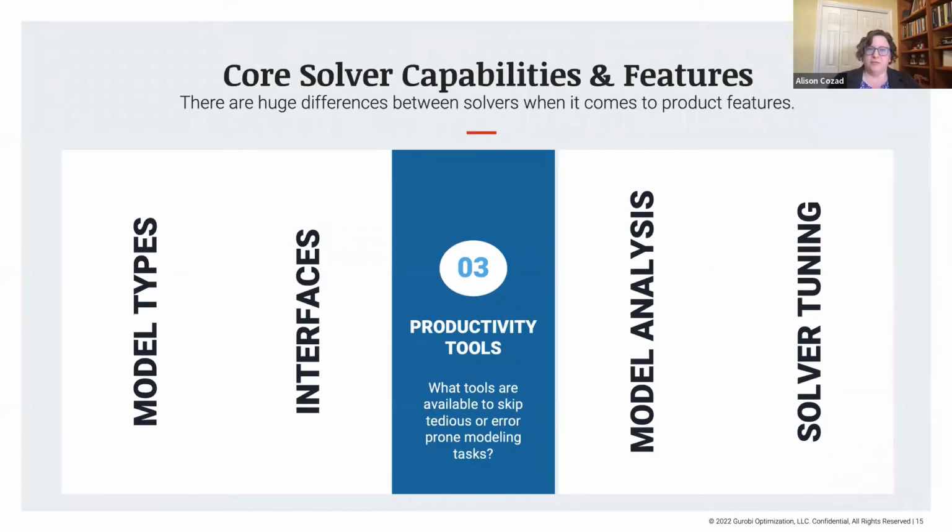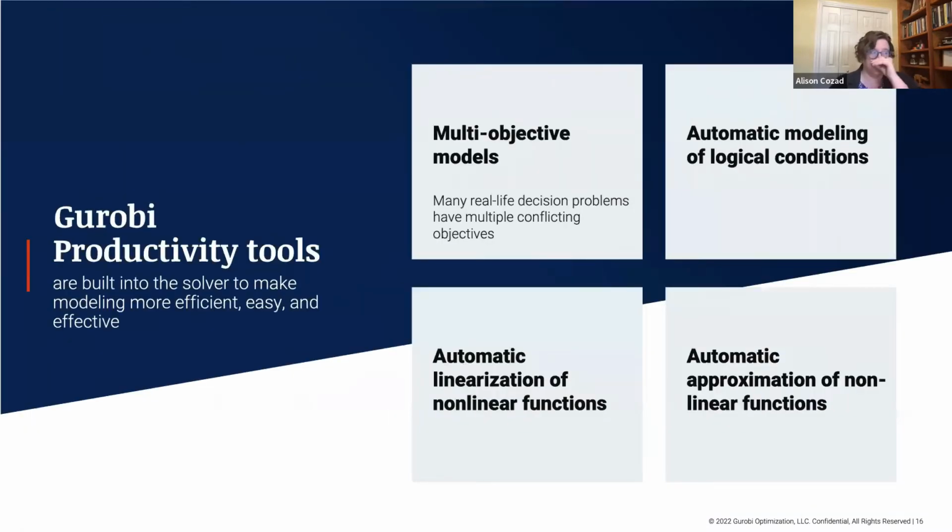Okay, so there are a lot of productivity tools in some of the solvers. I've bucketed several things into productivity tools, but the question is, are there tools available that help you skip tedious, challenging, or error-prone modeling steps? So I encourage you to check out the solvers that you're interested in. The ones at Gurobi that really stand out to me are, first off, our multi-objective models.